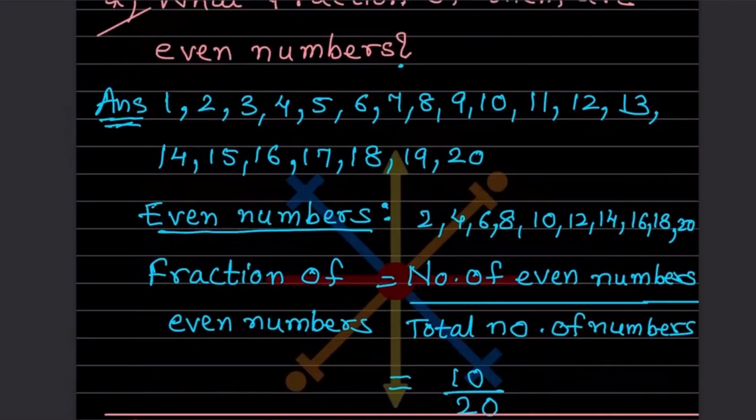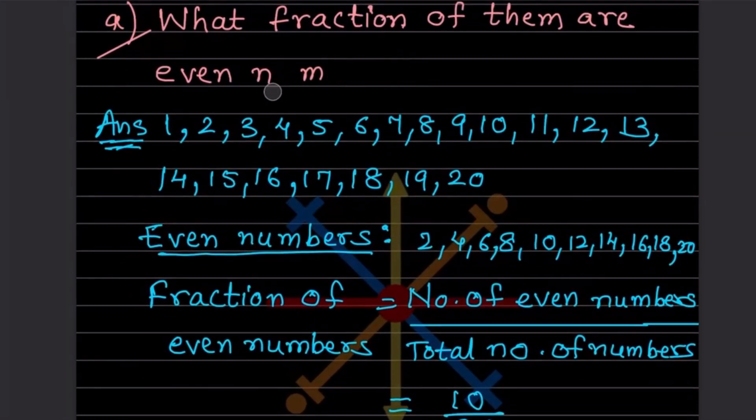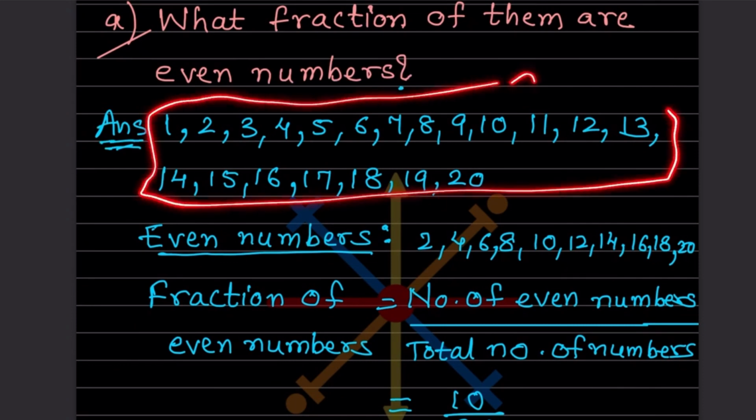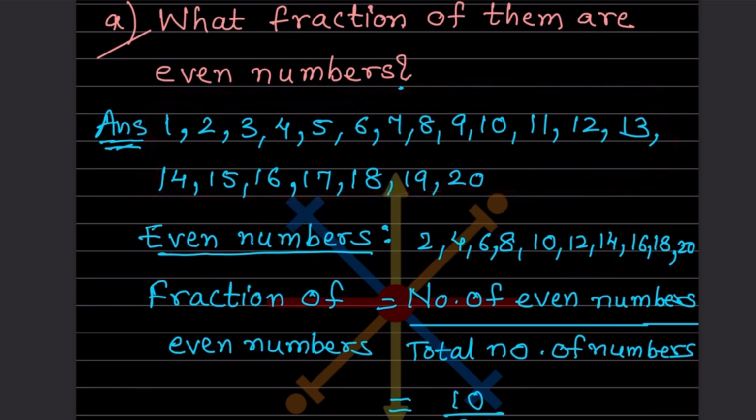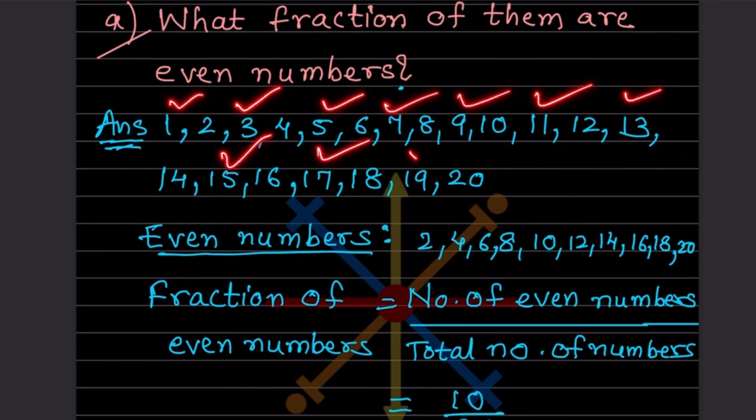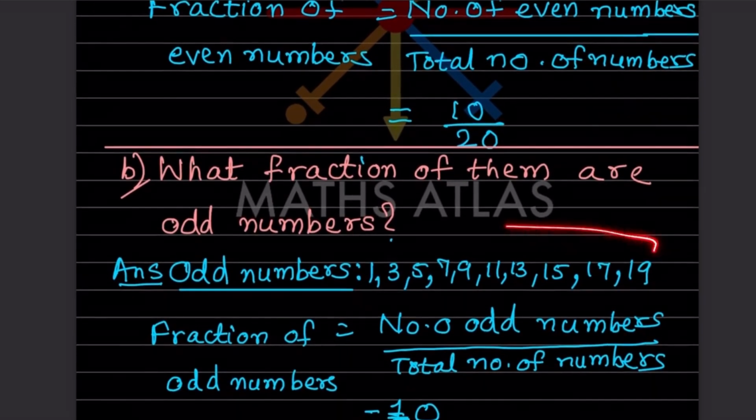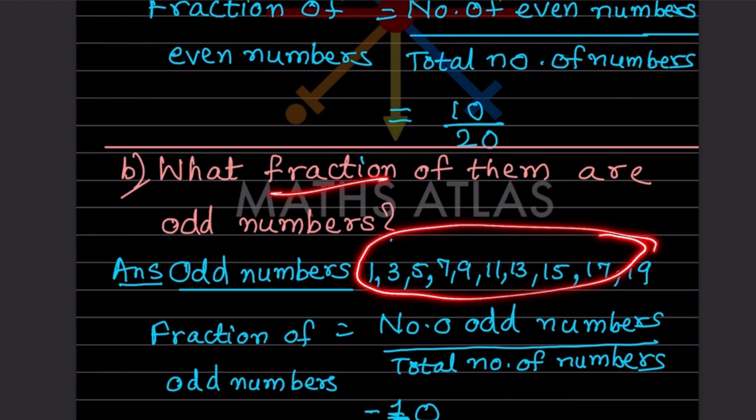Now here, what fraction of them are odd numbers? Again, what will you do here? We have already written these numbers, so I didn't write the numbers again. Because we are considering the 20 numbers, right? So from this, which are the odd numbers? 1, 3, 5, 7, 9, 11, 13, 15, 17 and 19. So that is what I wrote over here. Now again we want a fraction of them.